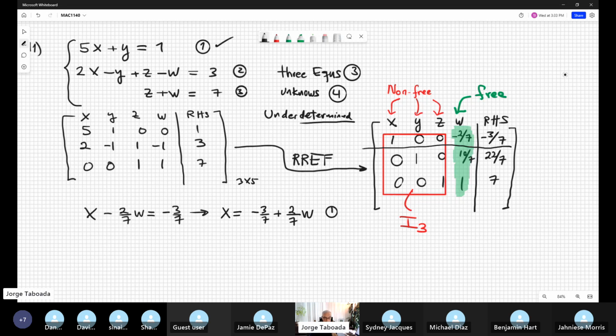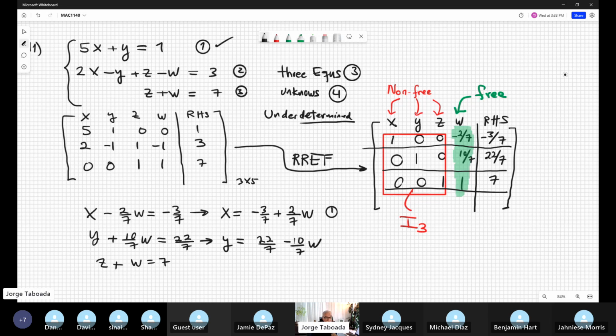Can you see? The second is no X, 1Y plus 10 over 7 W, again because W, remember, is the only free variable, equal 22 over 7. Therefore, Y alone is 22 over 7 minus 10 over 7 W. And the last equation, no X, no Y, only one Z, plus W equals 7.